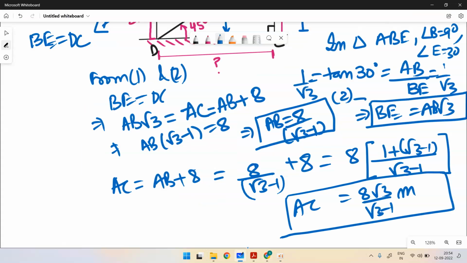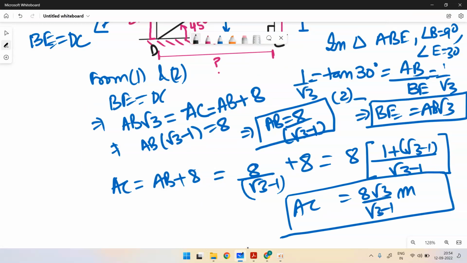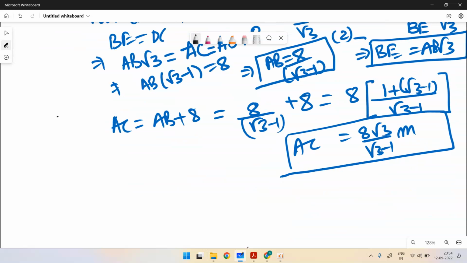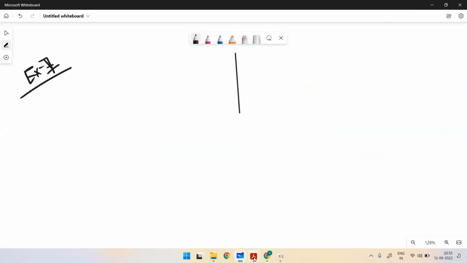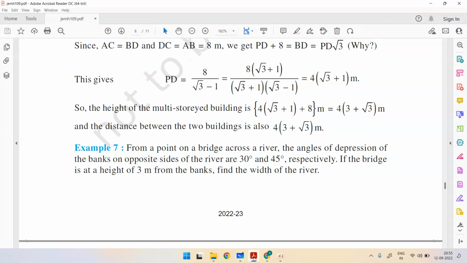So example number 7 says that there is a bridge, and the height of the bridge is given to be 3 meters, and the angles of depression of the banks on opposite sides of the river.